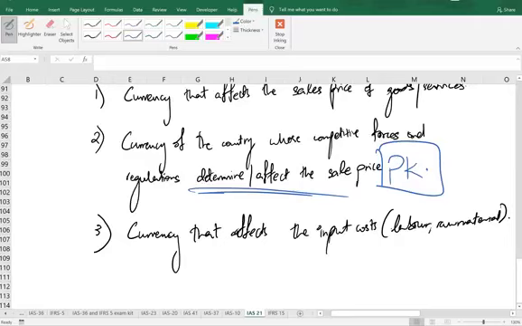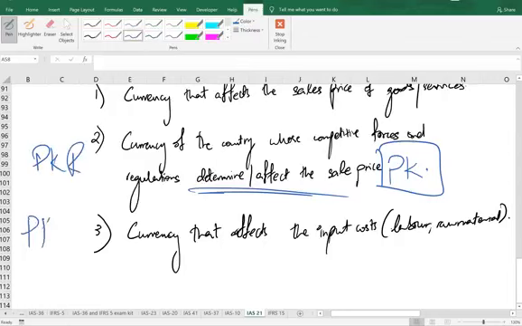Let's say 1 USD would get us 160 rupees, but now that same 1 USD is getting us 155 rupees. So it's a loss for the exporters, right? And what determines it is the local regulations, the local competitive forces, the local macroeconomic situation. So that's a tilt towards PKR.